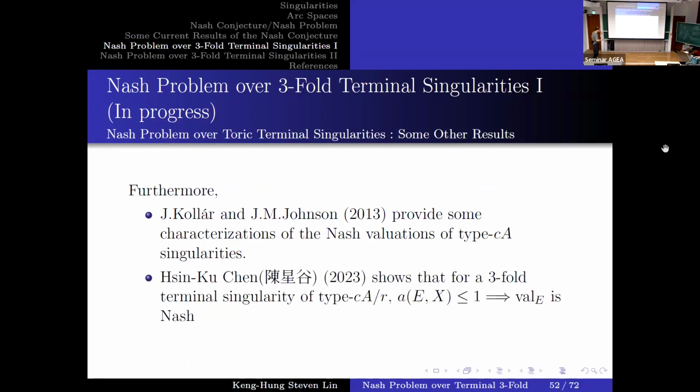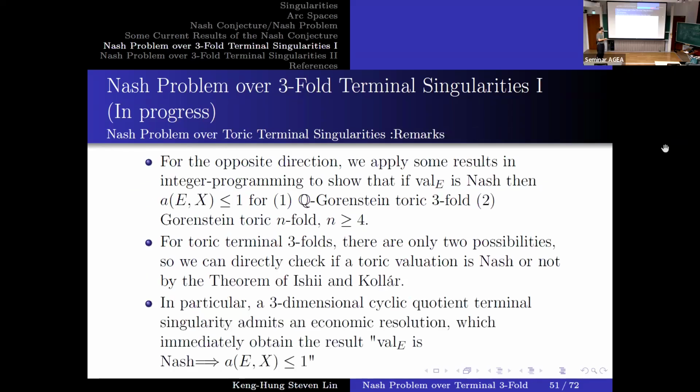We notice that discrepancy bounded by 1 is kind of a potential criterion to see whether a valuation is Nash or not.